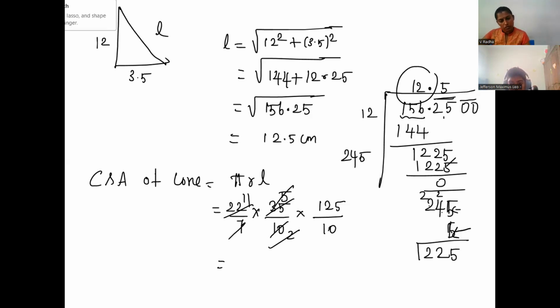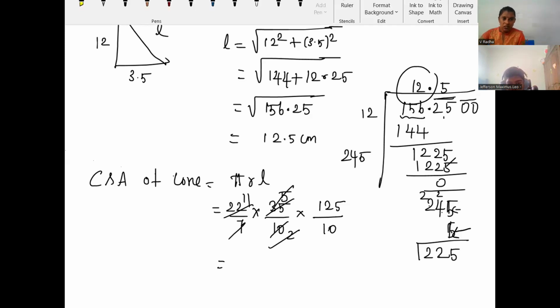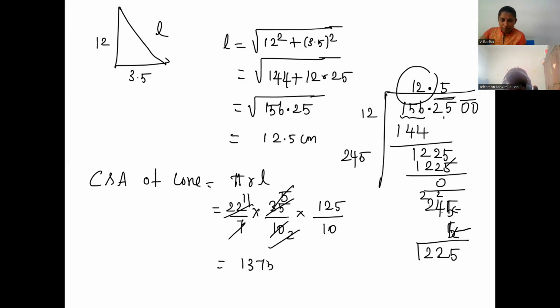Okay, let's check the last answer. We gave the answer as a decimal. Okay, do you get 1375? Yes, ma'am. Okay, I will write it. 1375 by 10. That is equal to 137.5. Correct? Yes, ma'am. That is centimeter square.